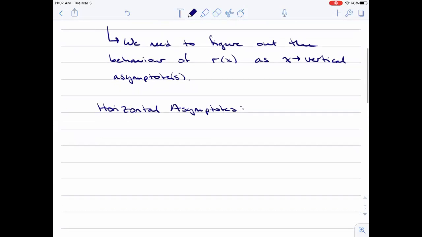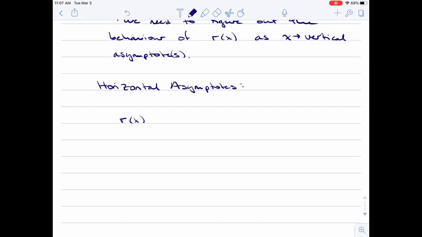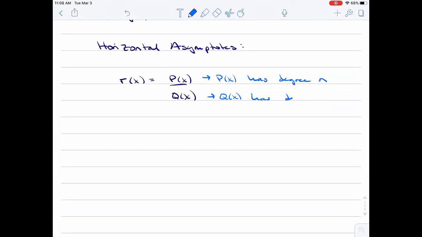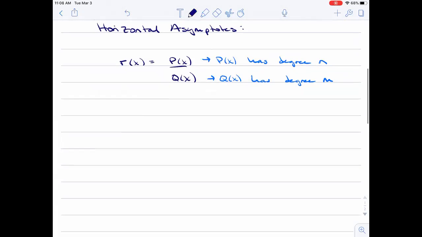And so remember, if we have r of x is p of x over q of x, if we say that p of x has degree n, meaning the highest power in p of x is n, and q of x has degree m, confusing because they sound very similar, then if n is less than m, and we've got this on the printout from last day, right?